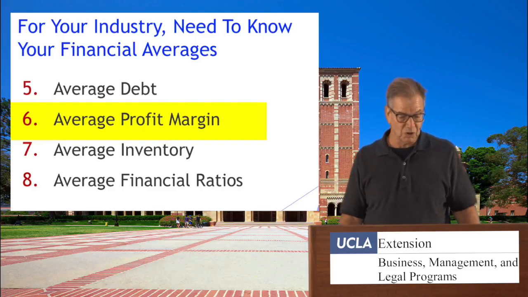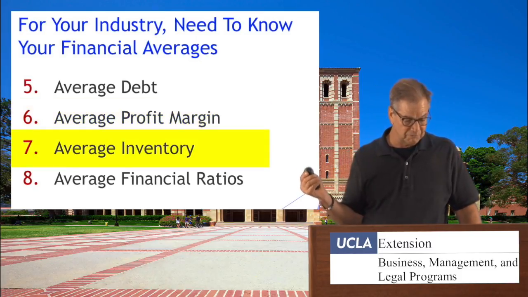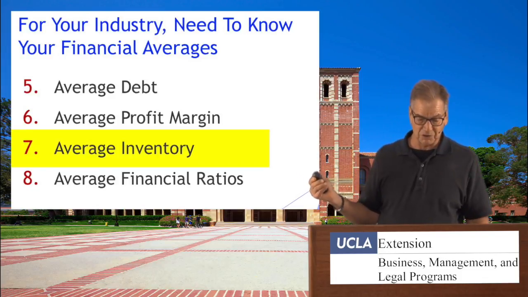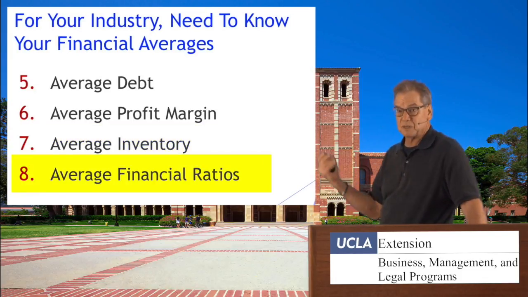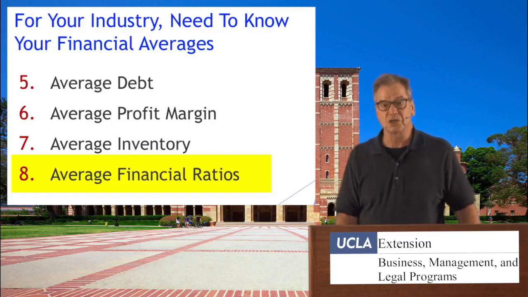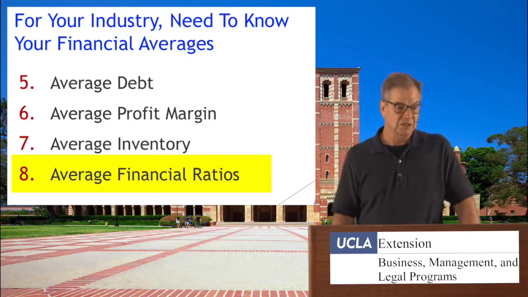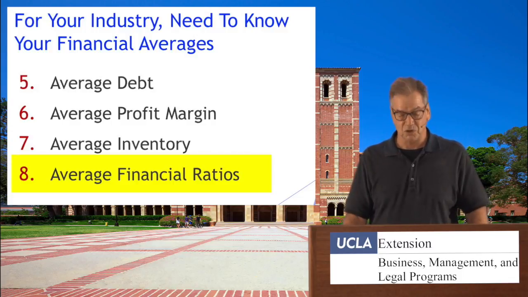We also want to know our average profit margins, our average inventory, and our average financial ratios, of which there could be many. Knowing all these averages gives us much insight into how we establish price and what our price should be to be within the norms of our industry.